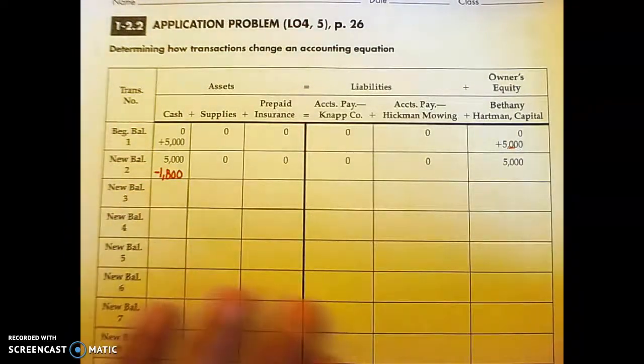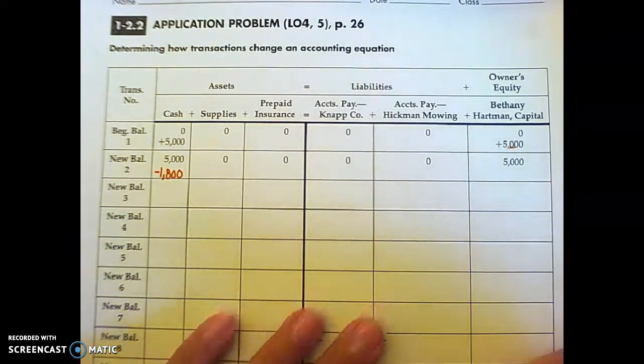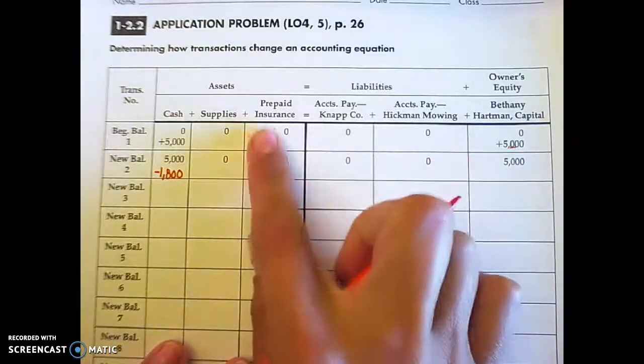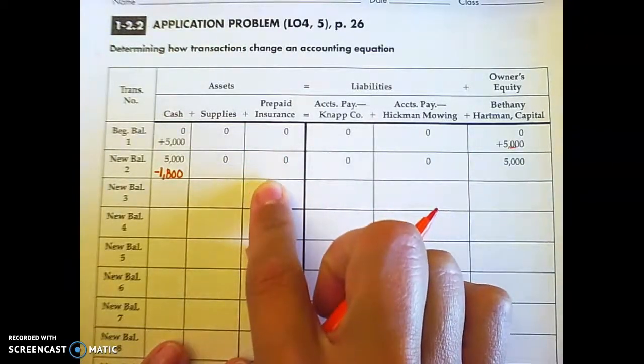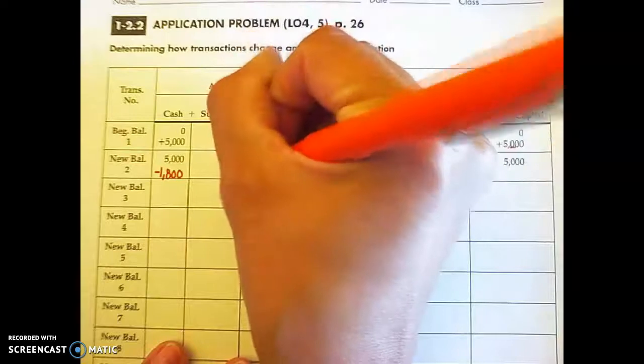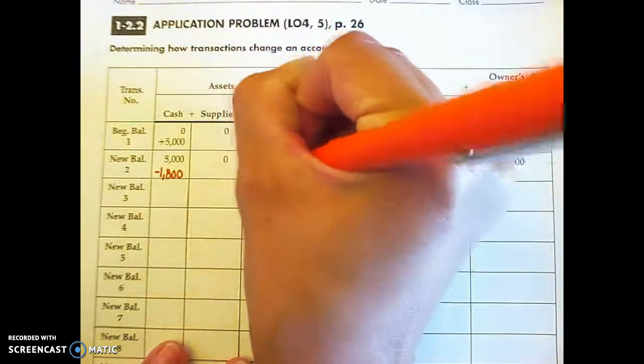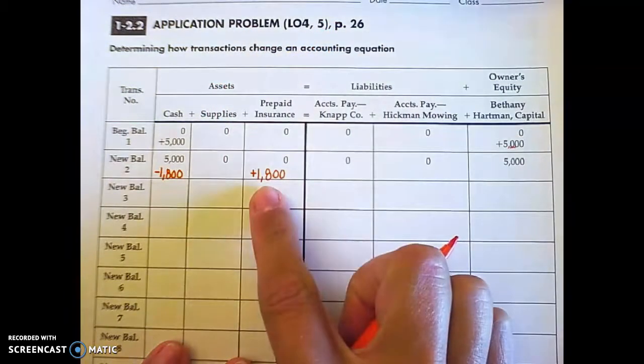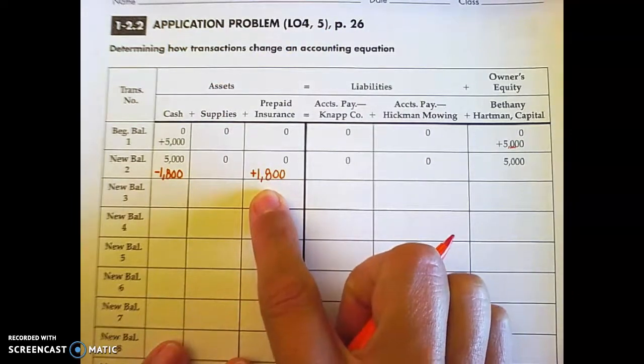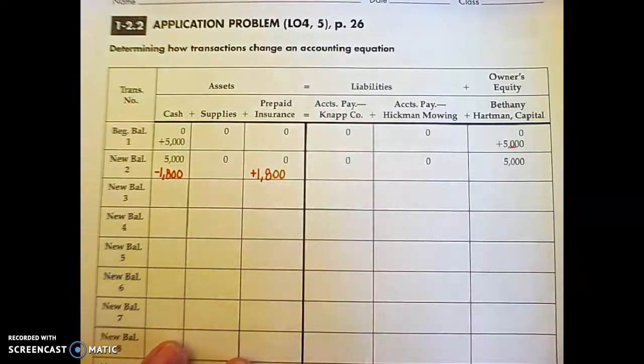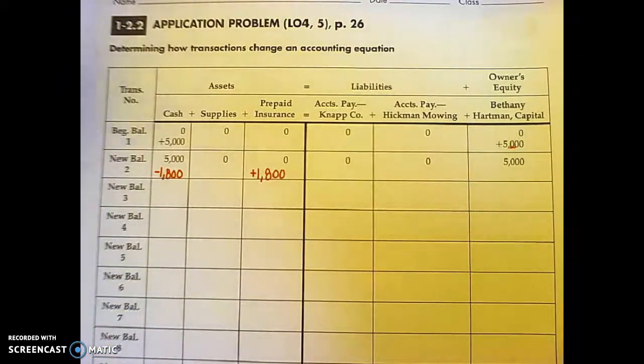Now, our other account we need to use is going to be for insurance. Our prepaid insurance is increasing our value because we just bought insurance. So prepaid insurance will increase by $1,800.